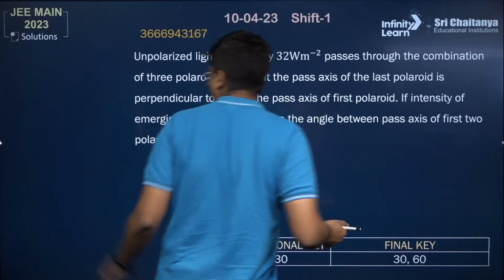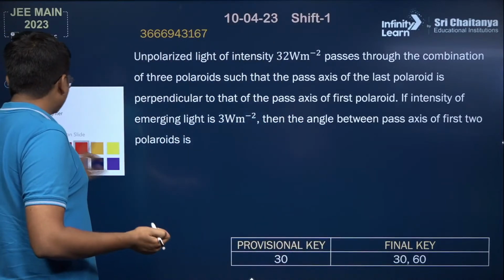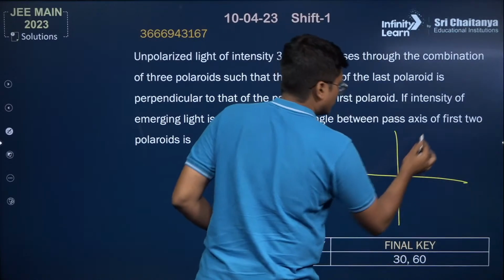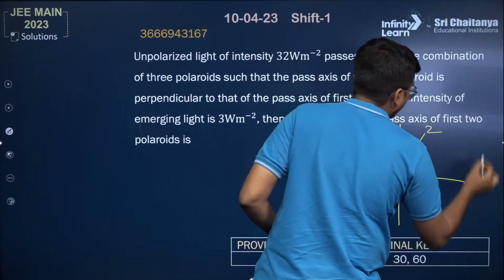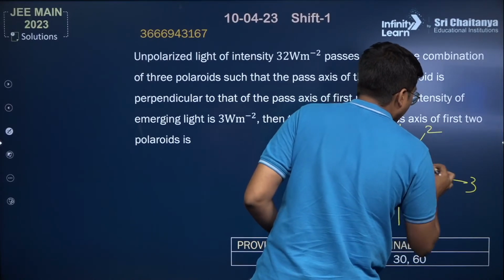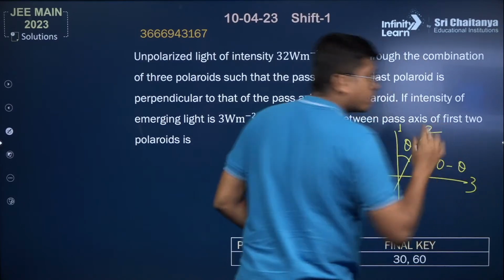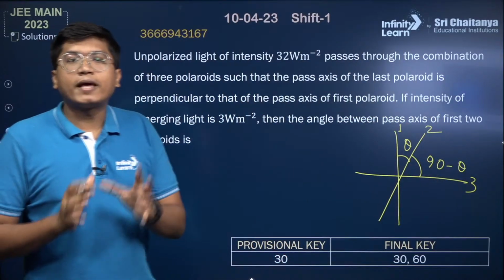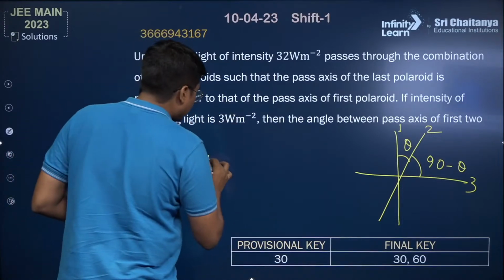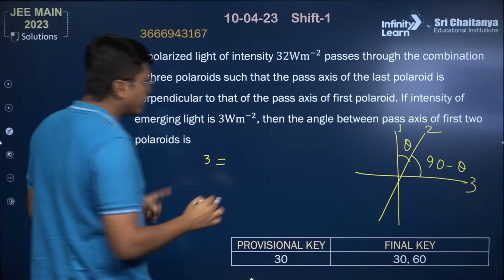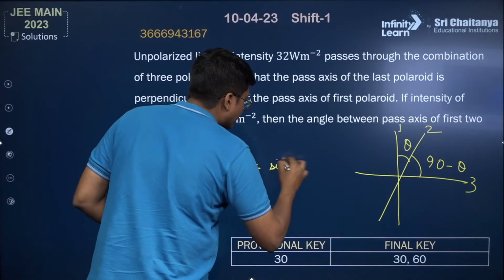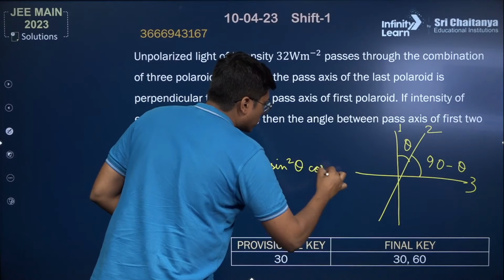So over here, just about the question here, I'll quickly go over what the question was. So you had the three polaroids, Polaroid 1, Polaroid 2, Polaroid 3. And the angle between them was theta, such that the angle between the other two was 90 minus theta. And the final place where you got your answer was that you saw that this 3 watt per meter square was coming to be 32 divided by 2 into sine square theta into cos square theta.